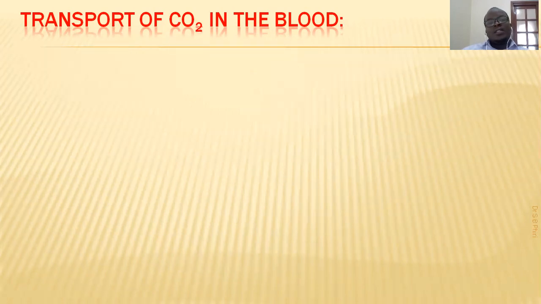Now let's look at transport of carbon dioxide in the blood. How is carbon dioxide transported? For oxygen, we've already seen it will combine with the heme group of the hemoglobin. It can never reach 100% saturation because you have different types of hemoglobin, adult hemoglobin A and adult hemoglobin A2, that do not interact with oxygen that much.